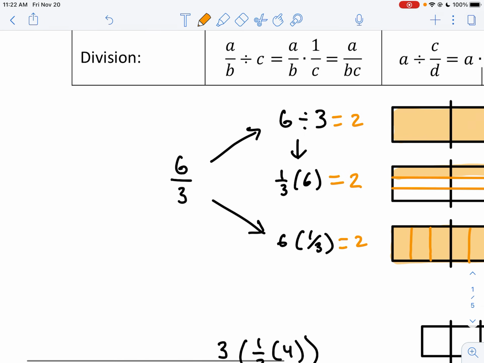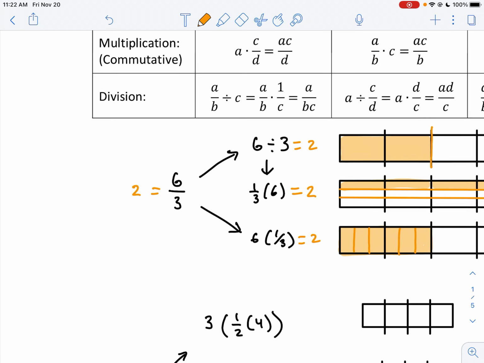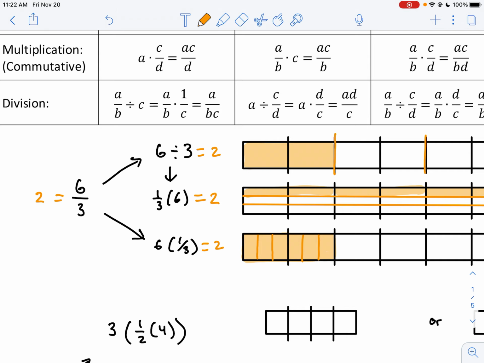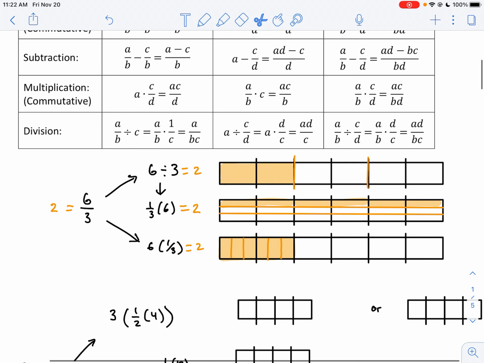So the value of this fraction here we say is 2. And in all of these cases, the 2 is a measurement of units. We have found that there are 2 of these shaded total in each of these drawings.